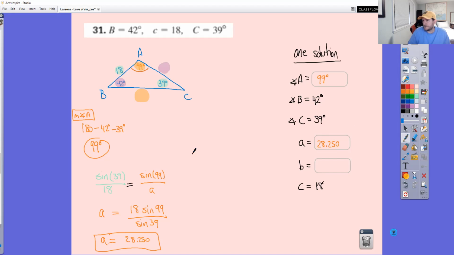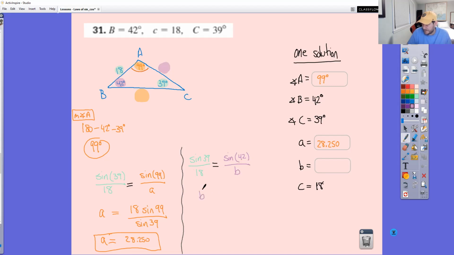Okay, sweet. Now just do it again. Still going to grab these green parts and say that the sine of 39 when divided by 18 is going to equal, this time the purple parts, the sine of 42 divided by side B. So this math will all shake out in basically the exact same way.